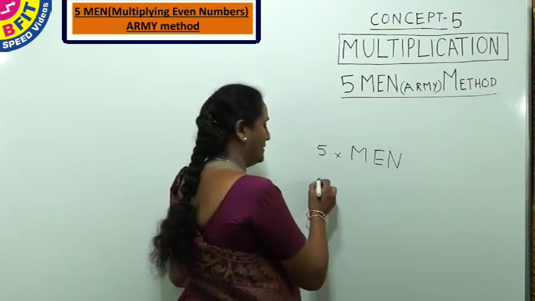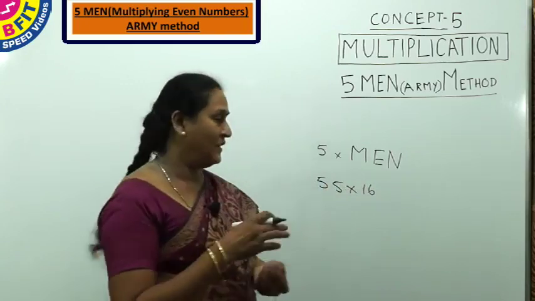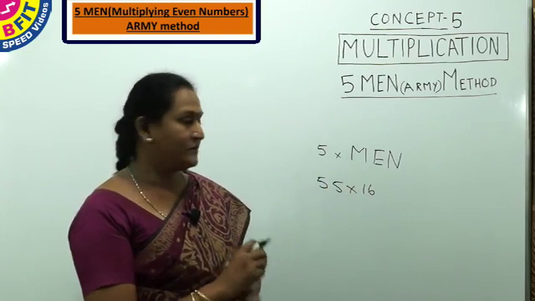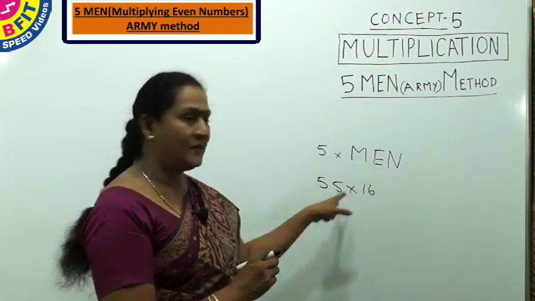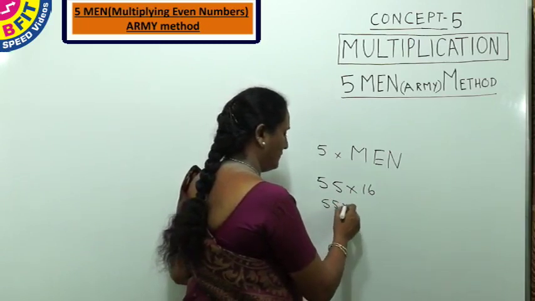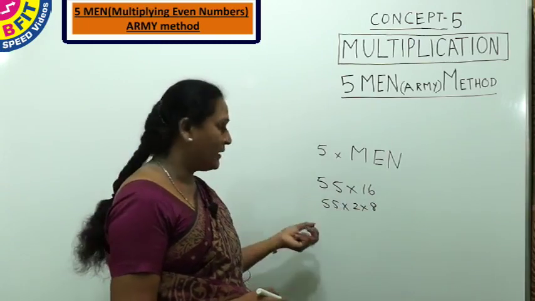Say suppose it is 55 and 16. Now what will be the answer? Can you tell me? Within seconds we can get the answer. Split this 16 as 2 into 8. Now what is 55 into 2? It is 110.